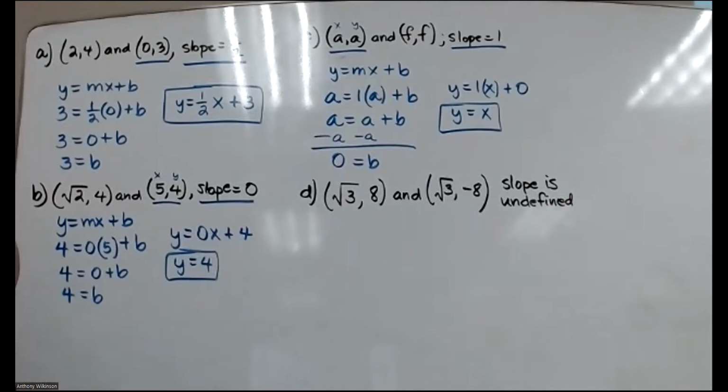So here we have an undefined slope. And if I have an undefined slope, who can tell me what type of line would this be? Anyone?